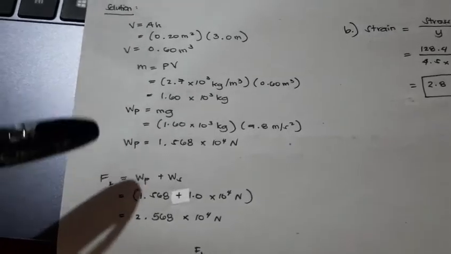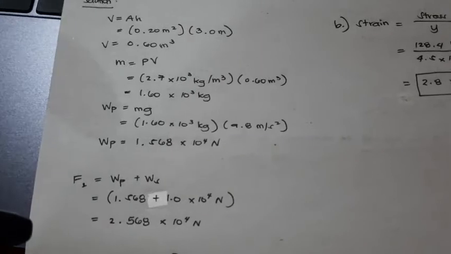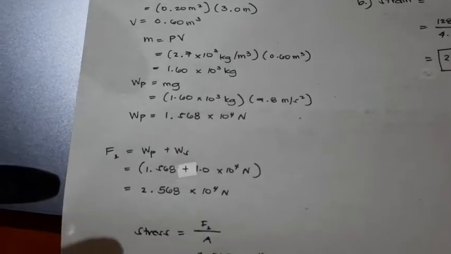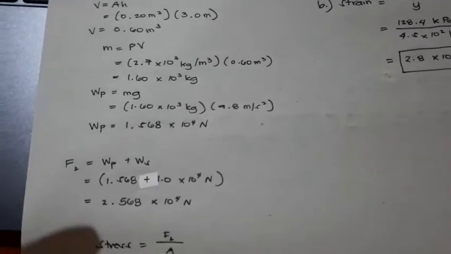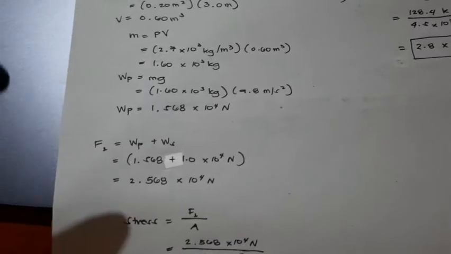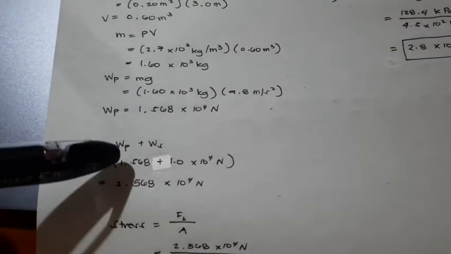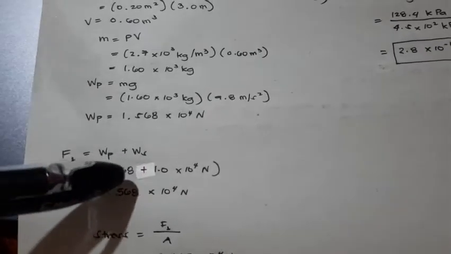So since we already know the weight of the pillar, to solve the stress, we need to find first the normal force that acts on the cross-section located 3 meter below the sculpture. To find for the force, i-add na ang WP and WS.